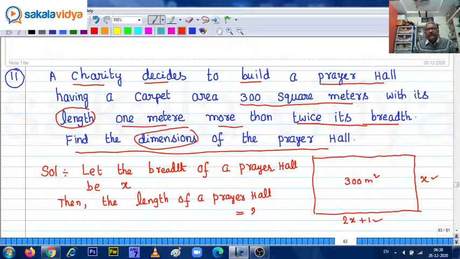That means 2x plus 1 meters. This is x meters.